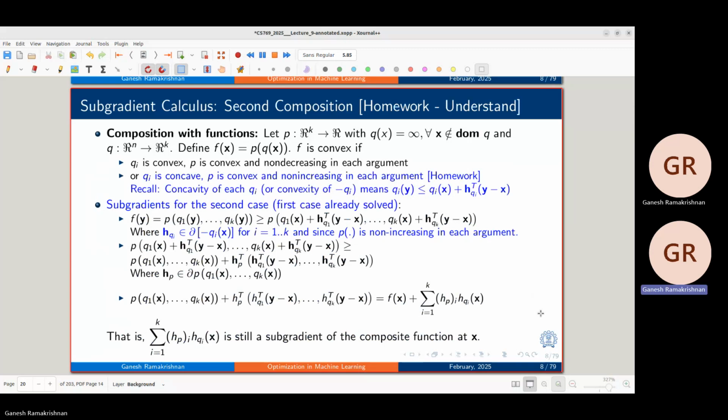And similarly we can write down that a subgradient, or a subset of subgradients, will turn out to be exactly this summation of h_Pi times h_Qi, the h_Qi vectors scaled by h_Pi scalars. This expression will remain exactly the same.